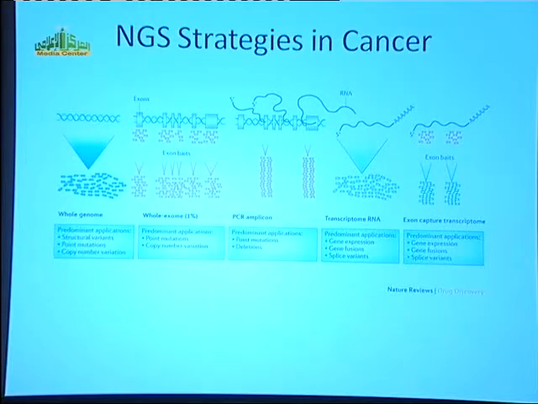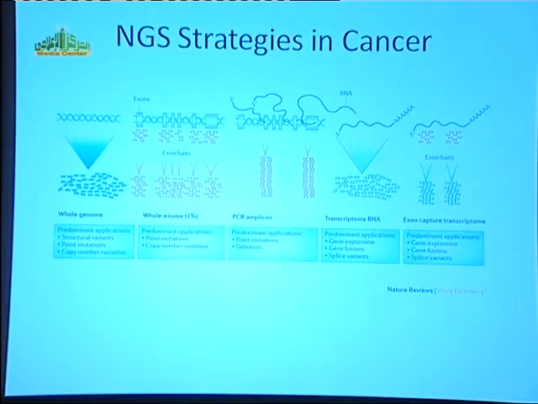This, to some extent, is being circumvented by looking at whole exomes, and I think a large number of the cancer studies currently undertaken actually look at whole exome sequencing. Whole exome sequencing relies on creating exon baits to pull out the exomic sequences.